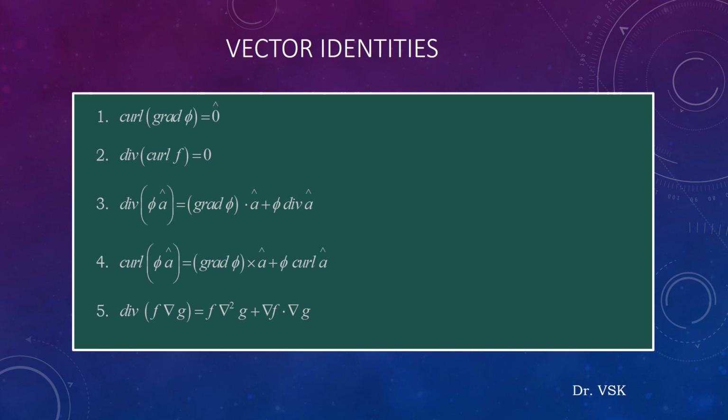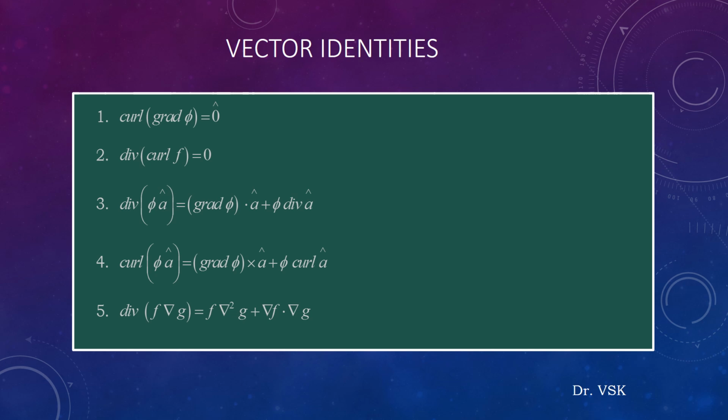On the RHS, if we take the second term, that is phi div a cap, div a cap is a scalar, phi is a scalar, their product is a scalar. On the RHS, the two terms are scalars, so their sum is also a scalar.